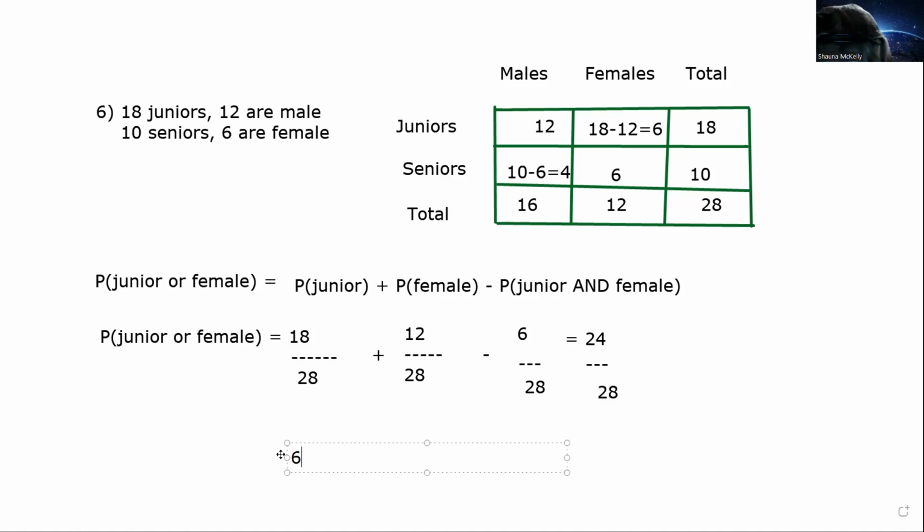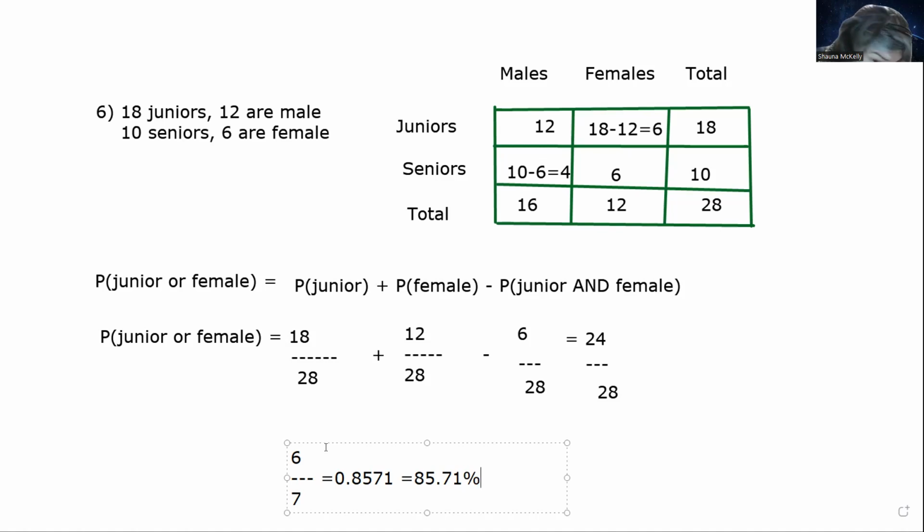Which as a decimal is 0.8571, which as a percentage is 85.71%. Okay, that's part A of the question, junior or female.